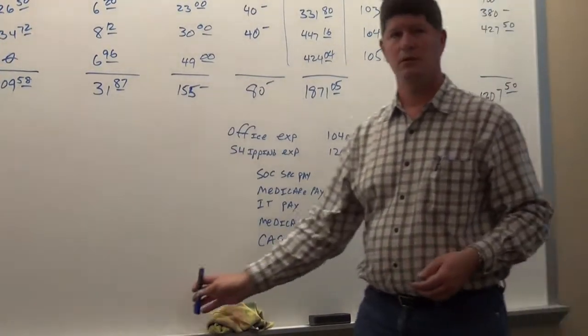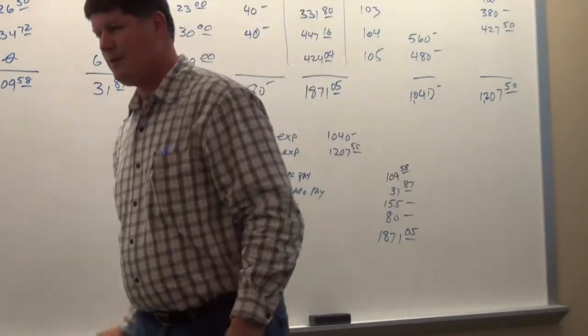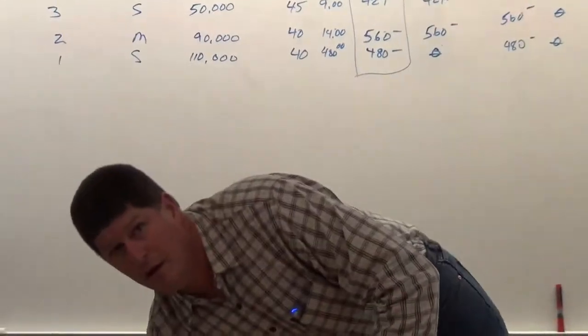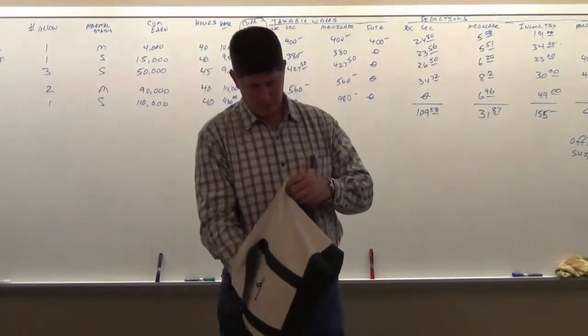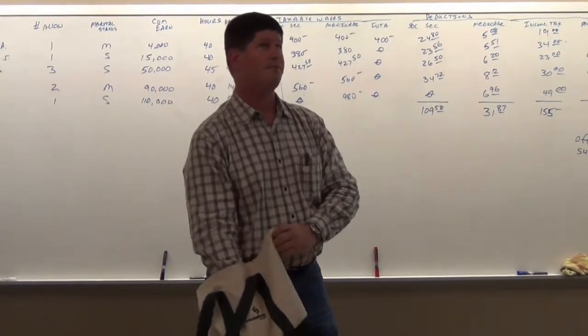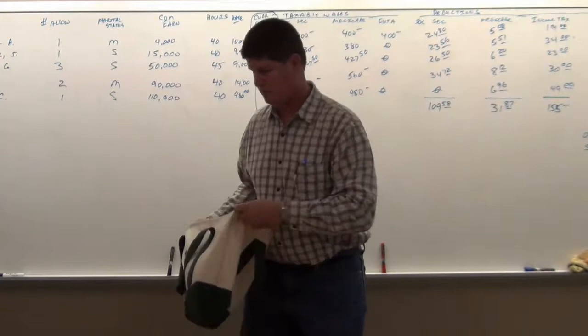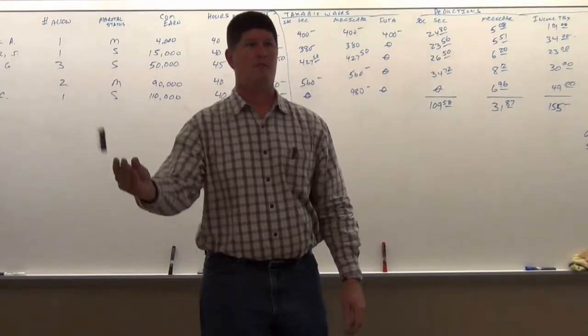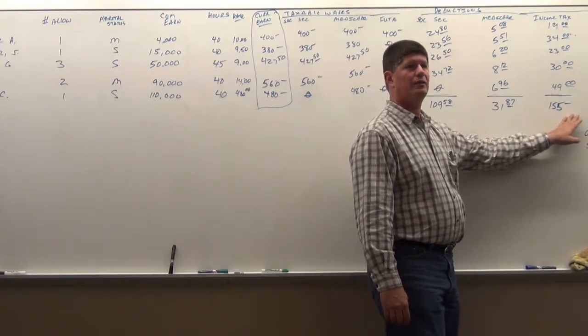Everybody good? Okay, so we're making sure that all the totals on the top equal all the ones that you're putting in your journal. All the ones on the left equal the ones on the right, 1040 and then 1207 equal the ones on the bottom. We totaled up all of the deductions out of the check.